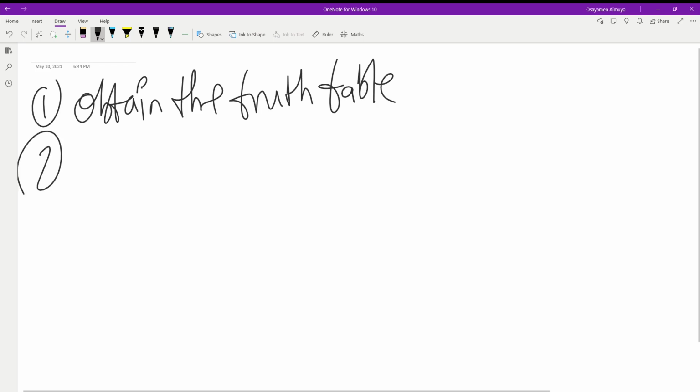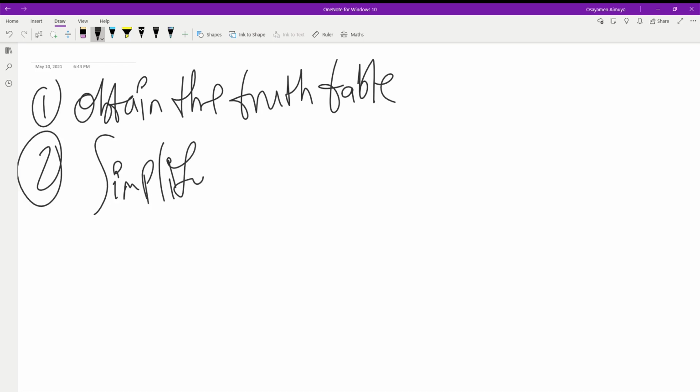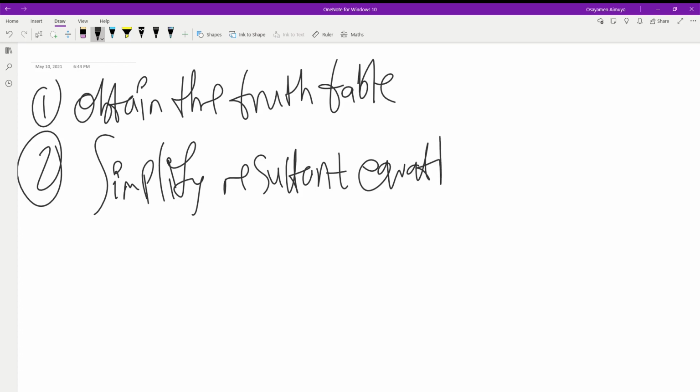The next step would be to simplify the resultant equations.